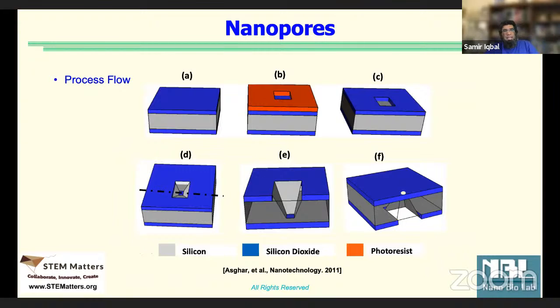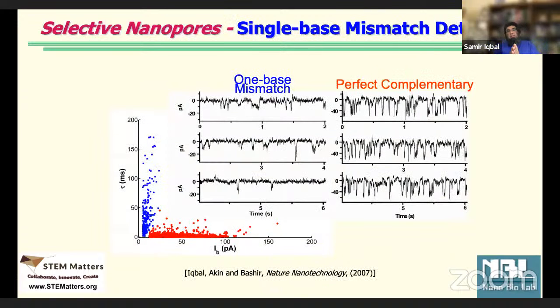So there's an actual picture: we start with the wafer and then we open trenches, and then we use the focused ion beam to drill a hole, or use the transmission electron microscope to shrink a hole in there. Now we suspend this in the measurement setup and we flow DNA.